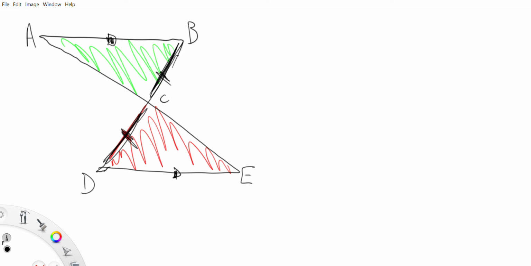So we would say B to C is equal to C to D. So that fulfills a side. Now, do we have any other sides that are exactly the same? No, we can't say this one and this one are the same, because it's got the arrow, which says that they are parallel, but it doesn't say that they are the same length.